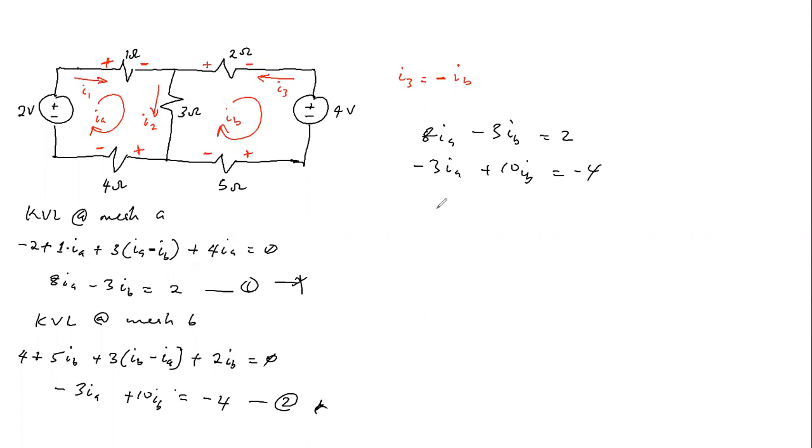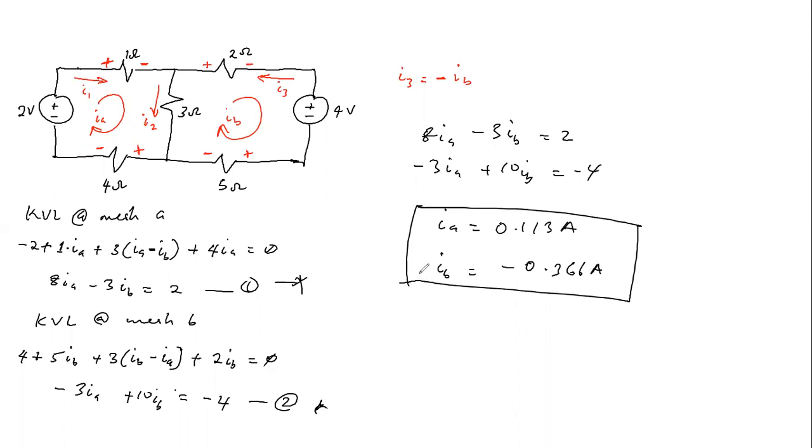And in solving these systems of equation, we get IA to be the same as 0.113 ampere, but IB is the same as negative 0.366 ampere. Now, this is what we get from this analysis.